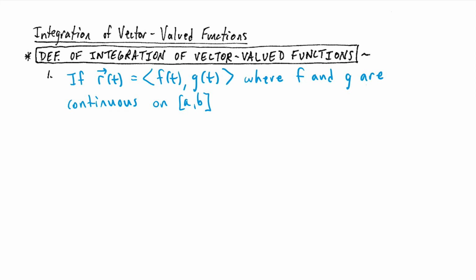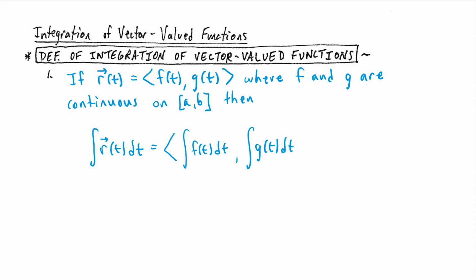Then if you want the antiderivative of the vector valued function r, you just do the antiderivative of f with respect to t and the antiderivative of g with respect to t. You do the antiderivatives of the components individually, and voila, you get the antiderivative of the whole vector valued function.